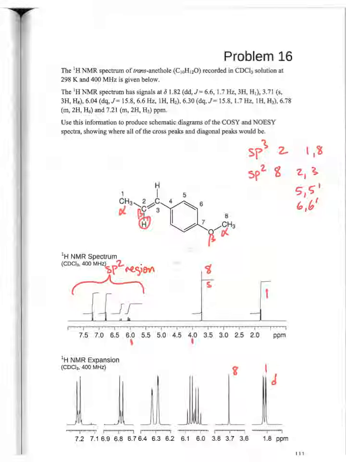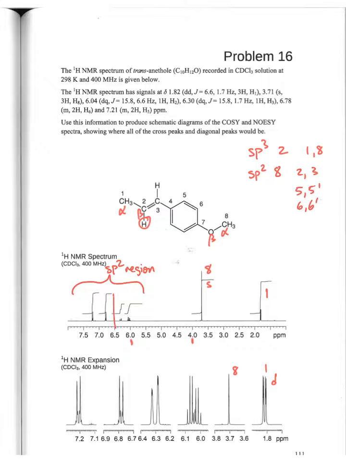So we don't really need a ruler, just trust your instinct. If these are both 1 and 1, from a rough estimation, what assignments would you make to them? What numbers? So 2 and 3, right? That's just purely the integration.